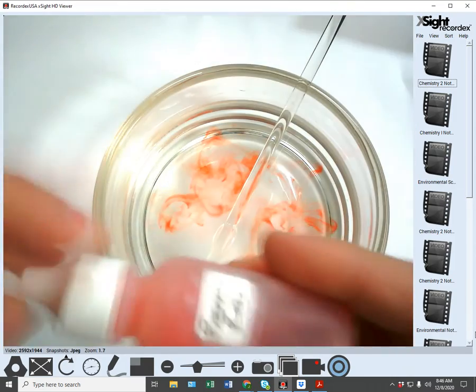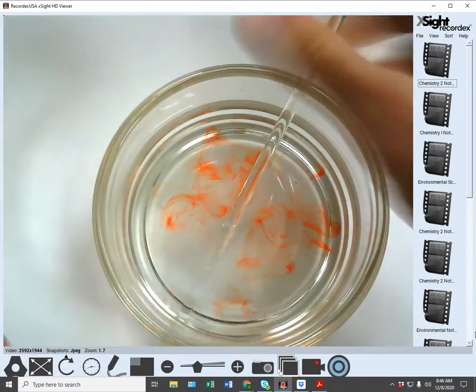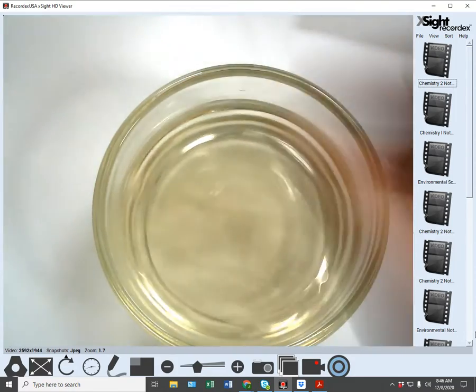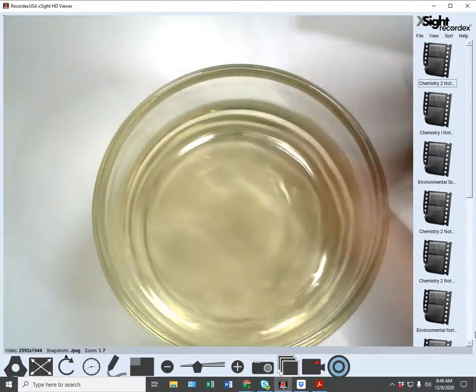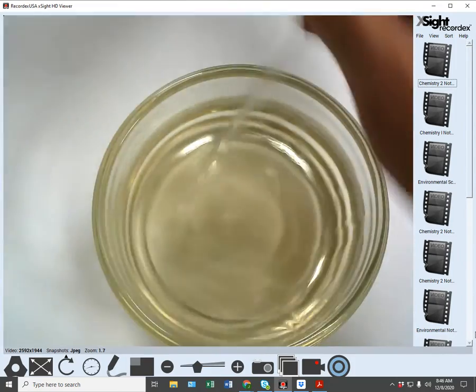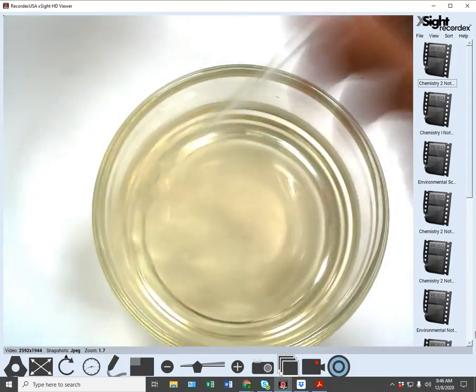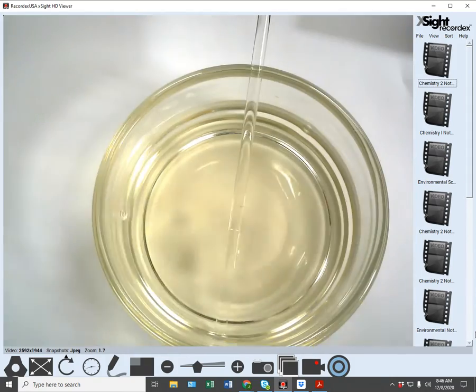Now this doesn't do anything in terms of making it acidic or basic. It's an indicator. Okay. So you can see it's clear to yellowish.